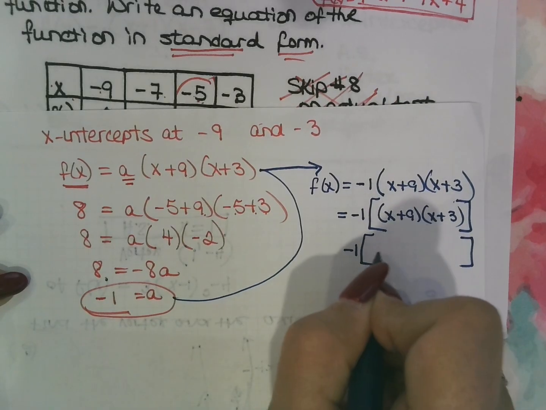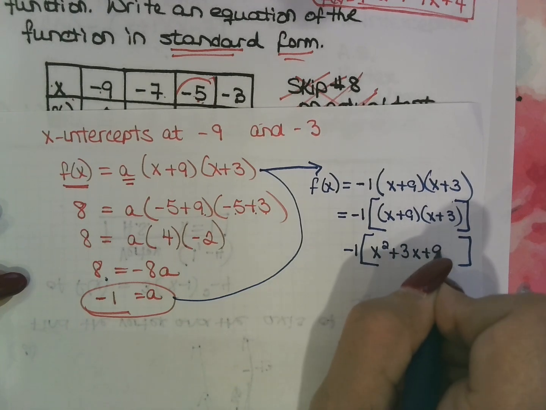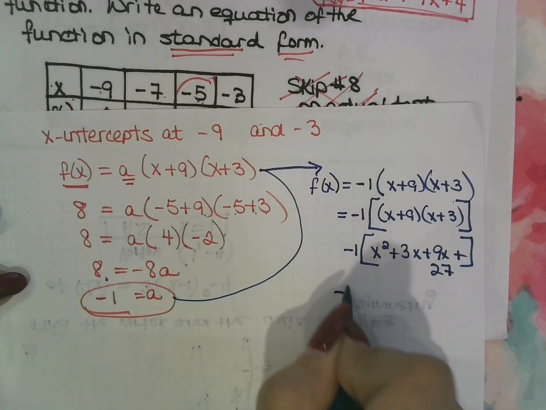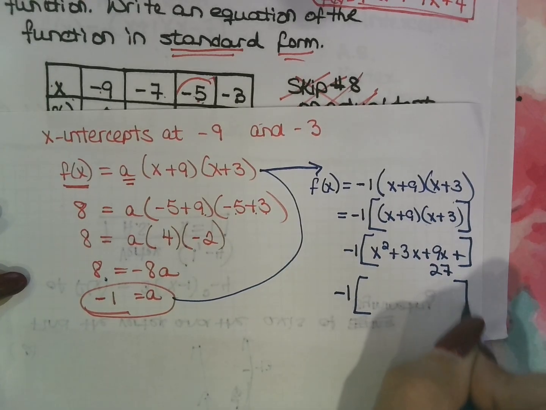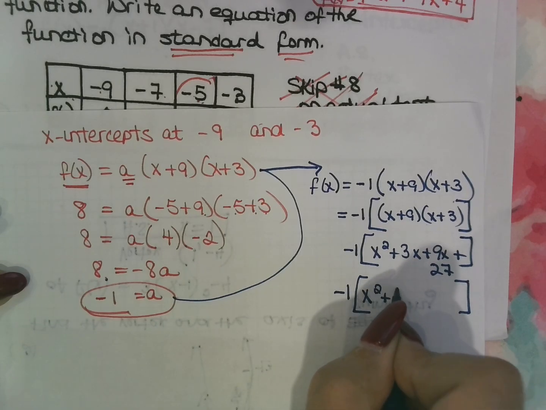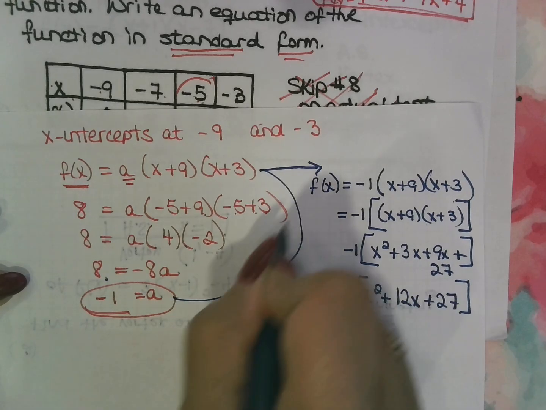We're going to FOIL here. X squared plus 3x plus 9x plus 27. We're going to simplify what's in here: x squared plus 12x plus 27.